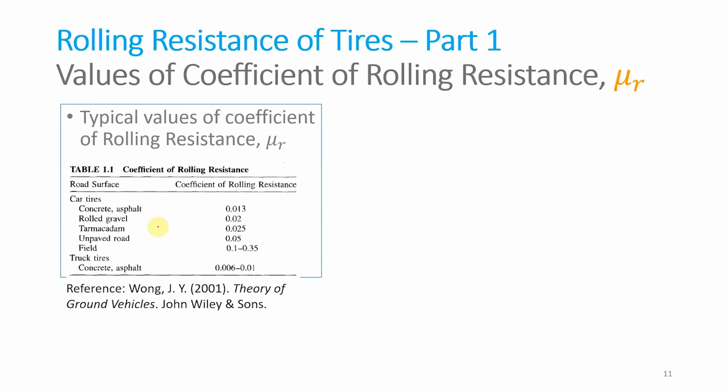This chart is taken from a book called Theory of Ground Vehicles by J.Y. Wong, published by John Wiley & Sons. This is a very good book for vehicle dynamics.